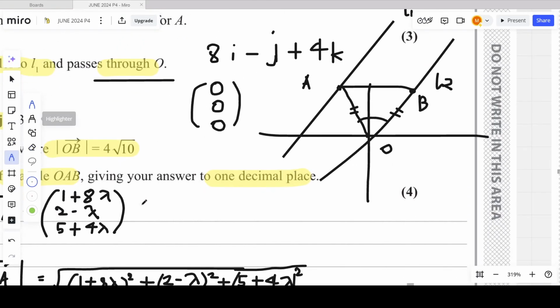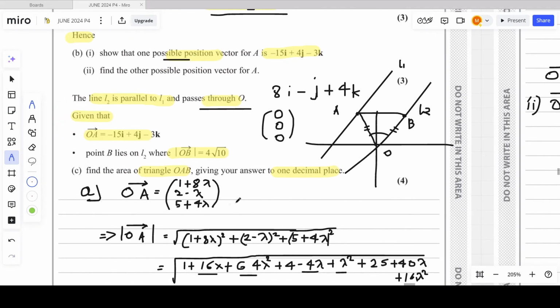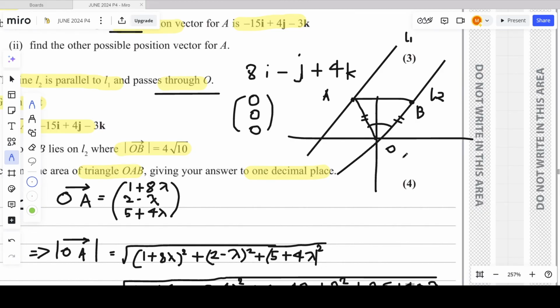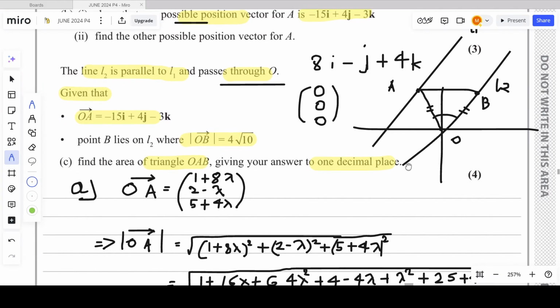So at first let's find theta. How can we find theta? We can find it using the vector dot product.